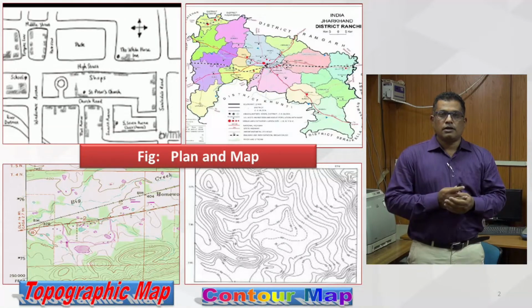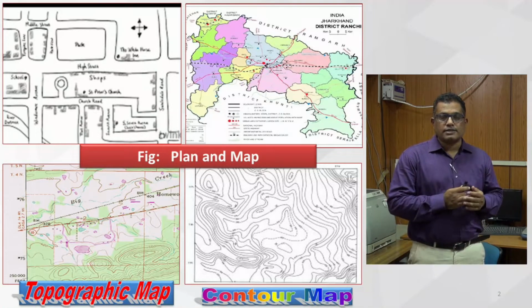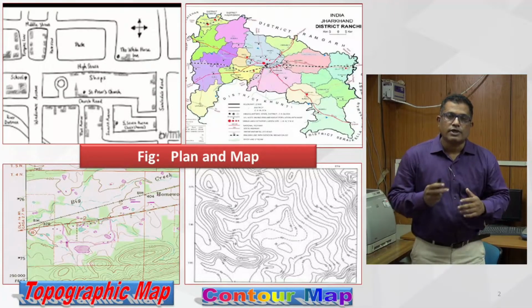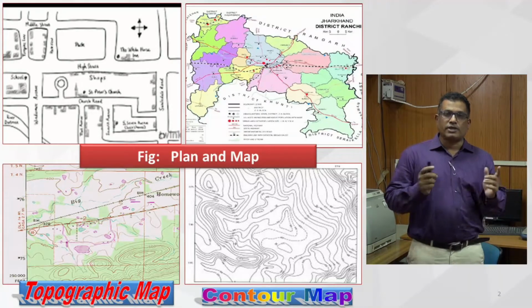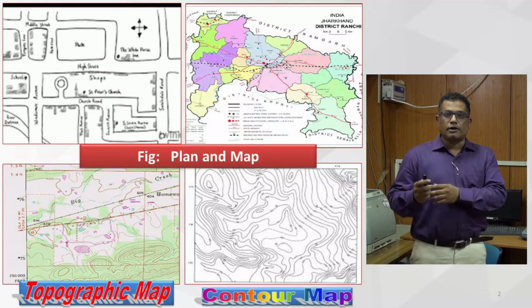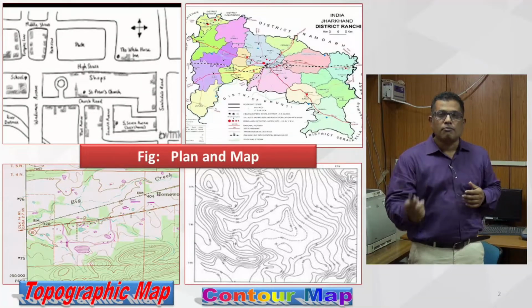Now the difference between a map and a plan lies in the scale. If the scale is small, then it is a map, and if the scale is large, then we call it a plan. You might have heard about the plan of a building, a farm, or a pond.